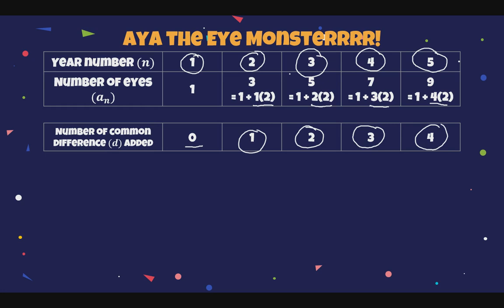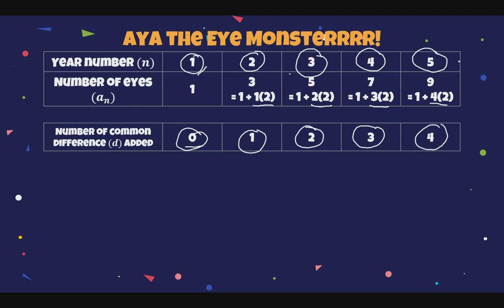So, observe the relationship between the number of years, n, and the number of common differences we add to each term. In the first year, 0; second year, 1; third year, 2; fourth year, we add 3 common differences; and in the fifth year, we added 4 common differences. So, what does this mean?